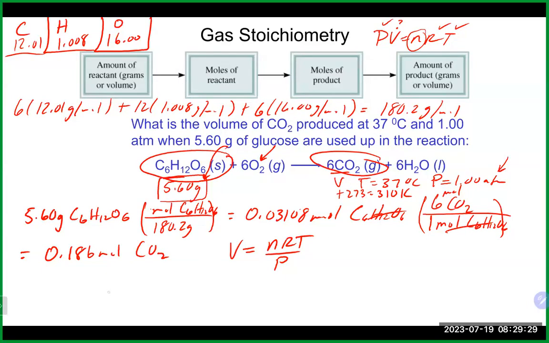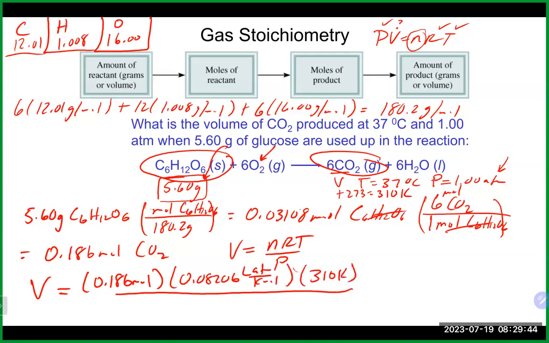So putting in our numbers, we get our moles that we calculated through stoichiometry. We have our gas constant, which we always have. We got our temperature converted into Kelvin, and our pressure was already in atmospheres, which is good. Again, atmospheres will cancel, Kelvin will cancel, moles will cancel.